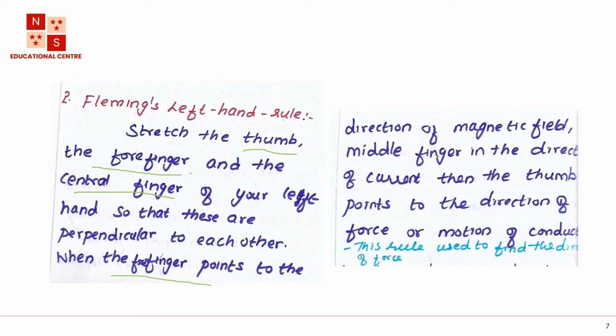The forefinger points in the direction of the magnetic field, the middle finger points in the direction of the current, and the thumb represents the direction of motion. This rule is mainly used to find the direction of force. They may ask for what purpose Fleming's left hand rule is used: it is used to find the direction of force.